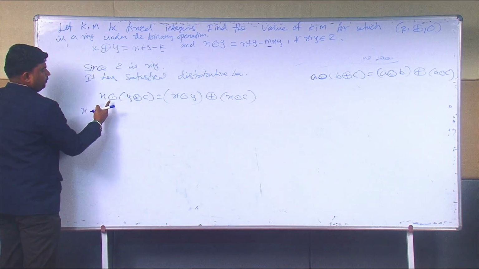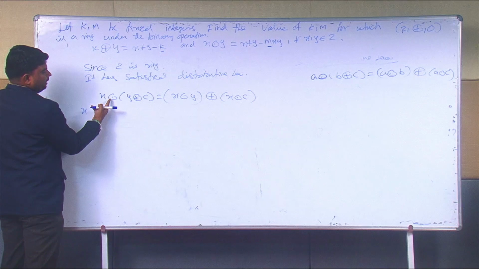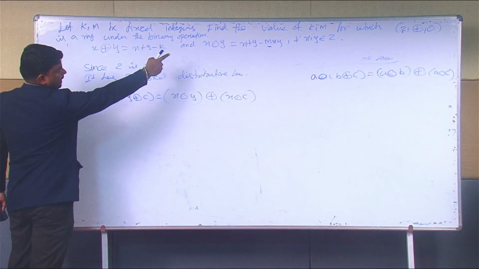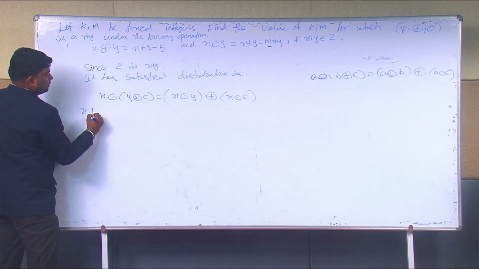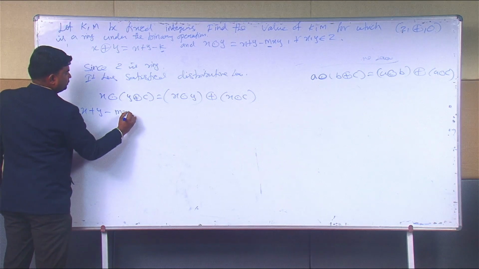First implement the multiplication condition: x multiplication modulo y is x plus y minus mxy.